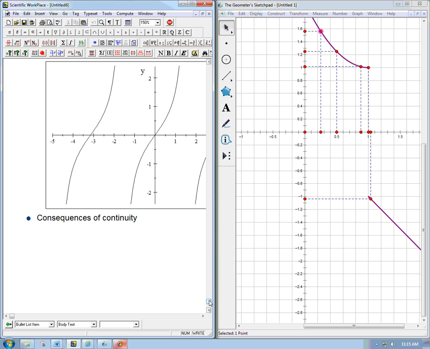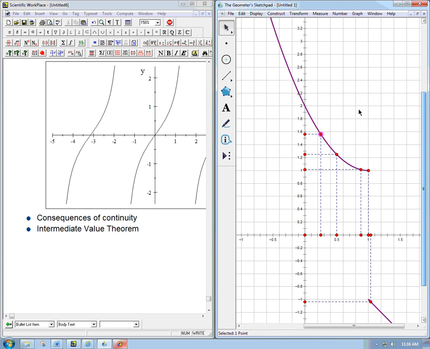And then consequences of continuity. I'll be brief on this because I've got another video about the intermediate value theorem. There's this wonderful theorem, and it's not as obviously wonderful as you might hope, partly because it seems so obvious.